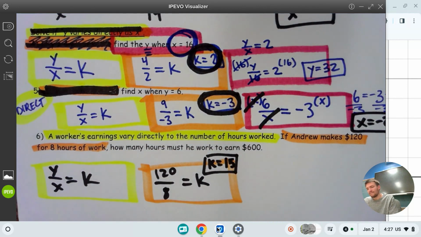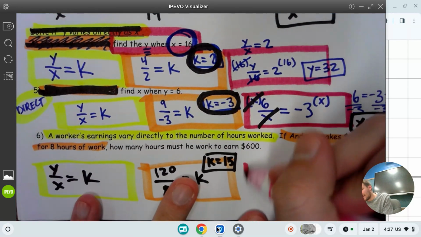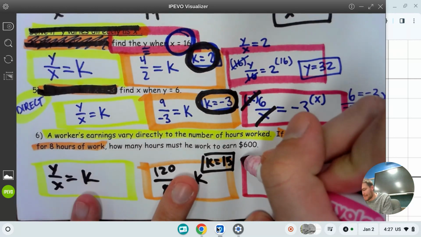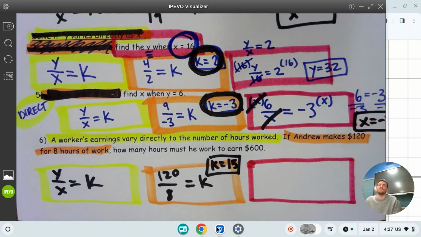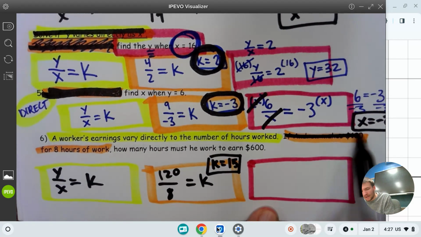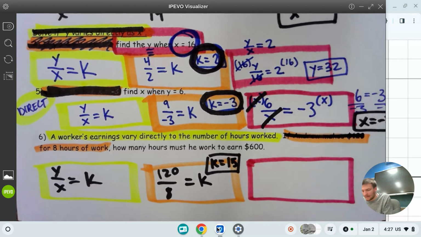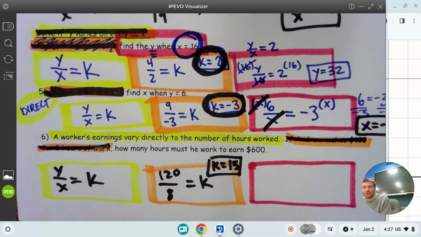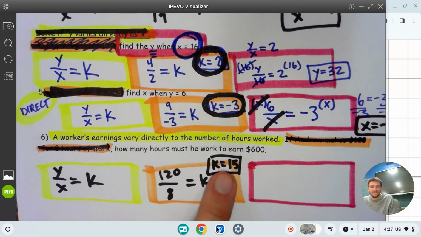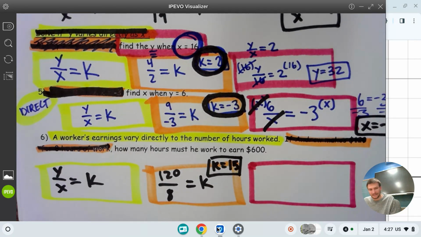Now, from there, we're going to move on to the third step. The third step might be a 2-step, might be a 3-stepper, but importantly, the number 120, gone. The number 8, gone. The number 15, that's my K value, that's my constant, is going to have to stick around.